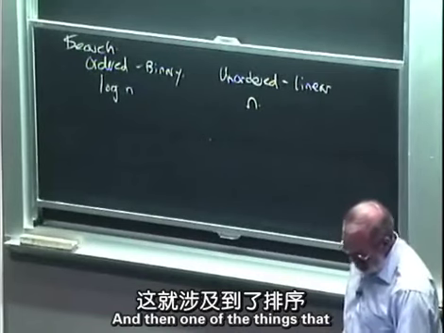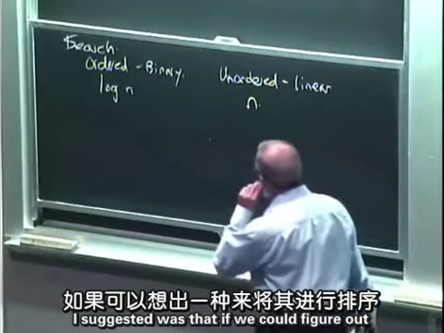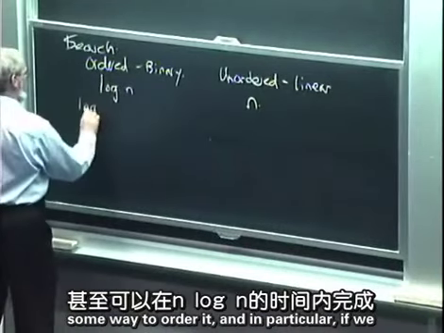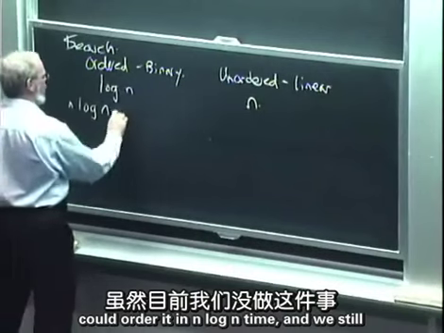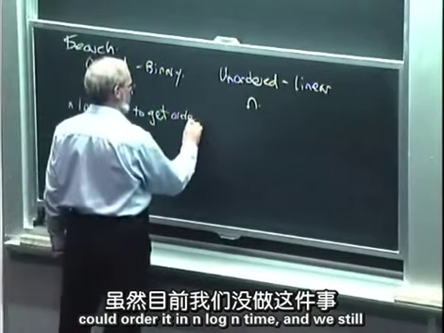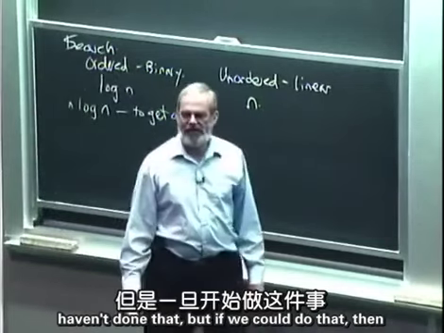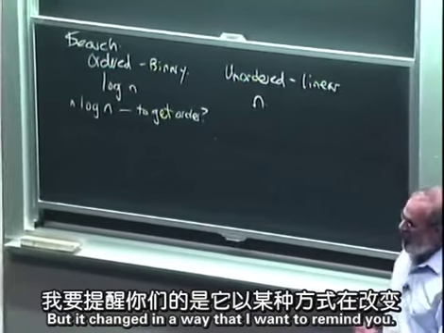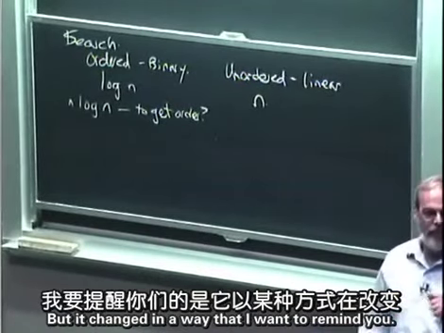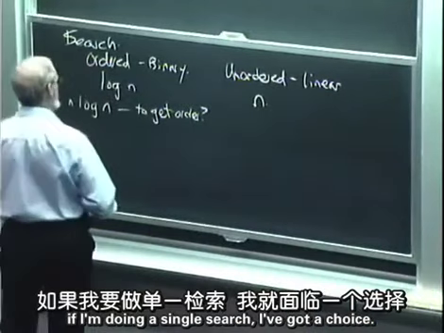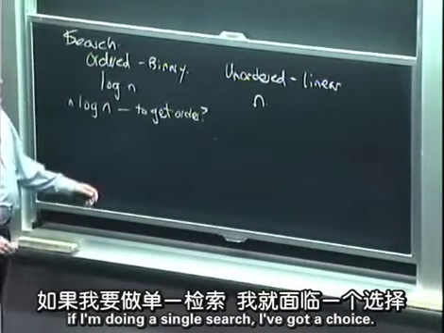And then one of the things that I suggested was that if we could figure out some way to order it, and in particular, if we could order it in n log n time, and we still haven't done that, but if we could do that, then we said the complexity changed a little bit. But it changed in a way that I want to remind you. The change was that if I'm doing a single search, I've got a choice.